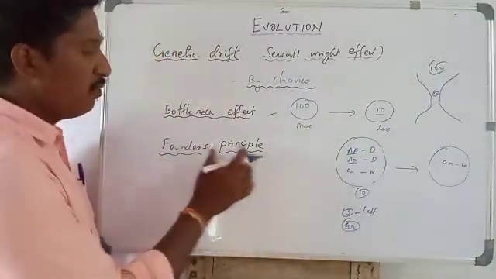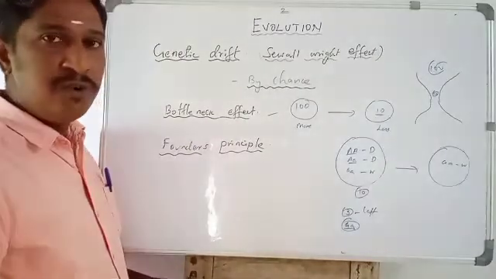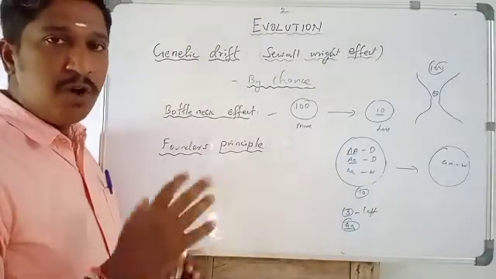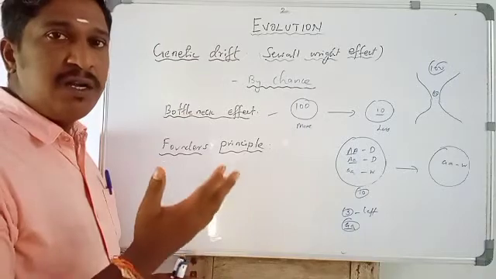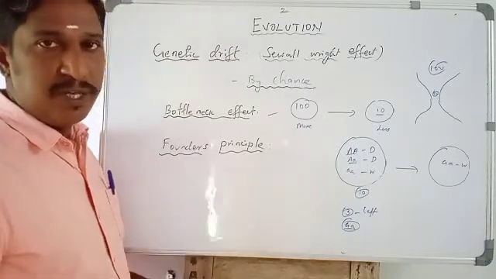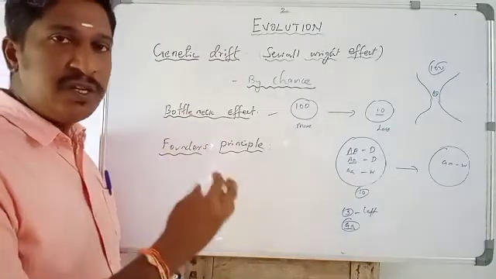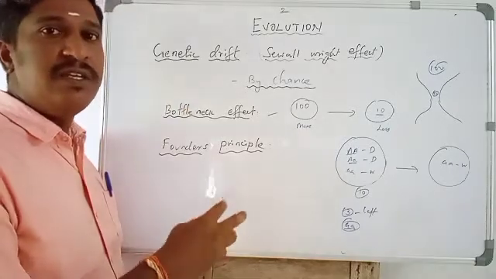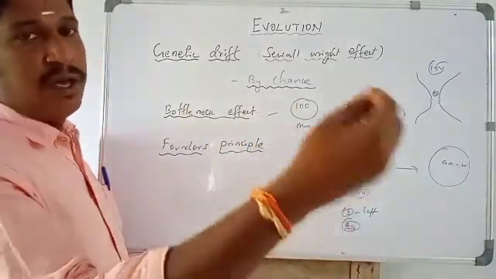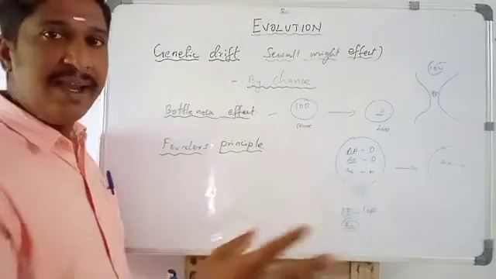Next, the founder's principle. In the founder's principle, a large population is split into small populations, or individuals from the large population are dispersed into a newly geographical region or islands.